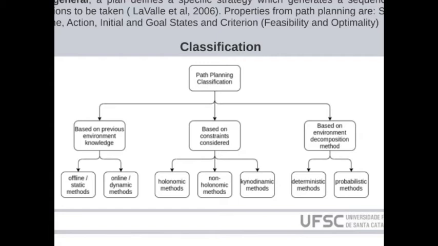The deterministic methods are the algorithms that will always address the path planning problem with the same solution. So in a deterministic method, if you run the algorithm 10 times or 100 times or 1,000 times, it always gives the same solution for the same goal position.